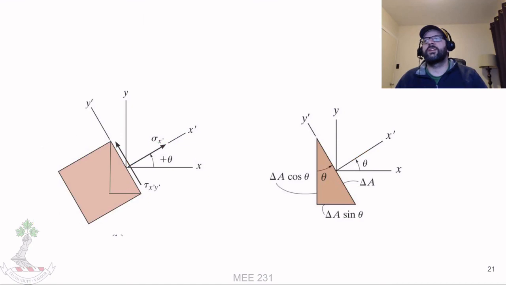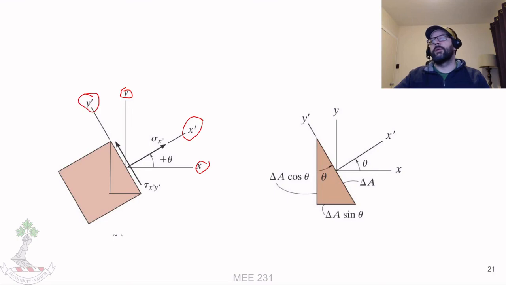So if we take a cube and we slant it to a new coordinate system. We started out with X and Y, and now we're looking at a new coordinate system. We're going to call that X prime and Y prime, and X prime and Y prime are located at an angle theta away from the coordinate system we were looking at initially.